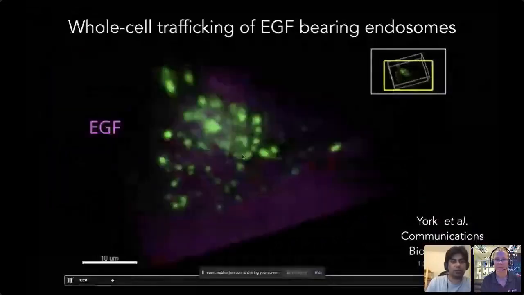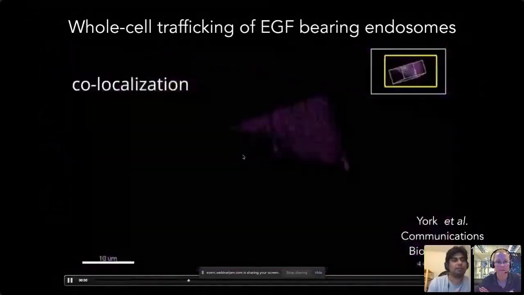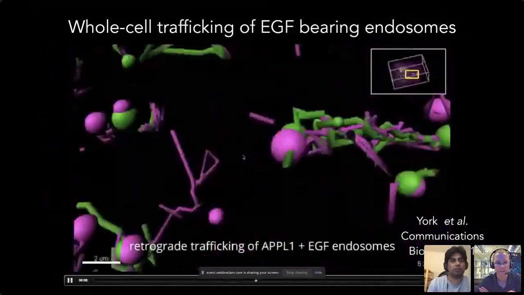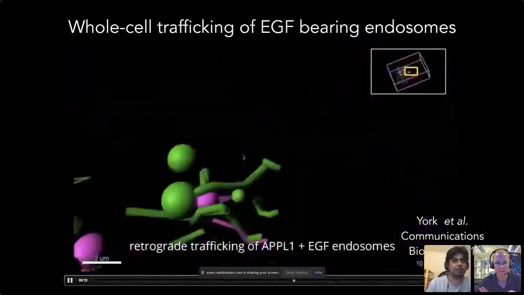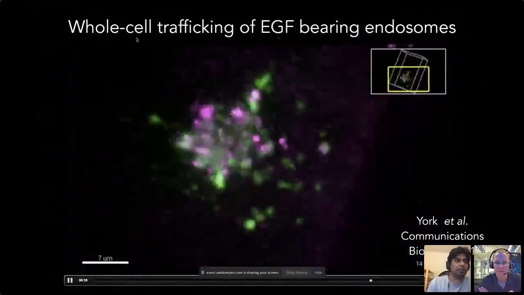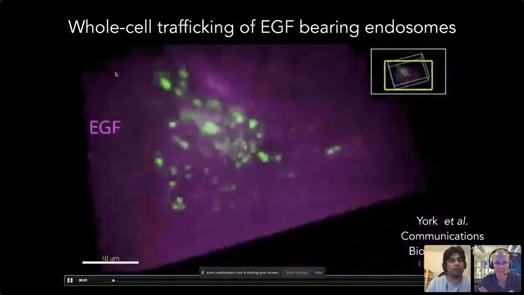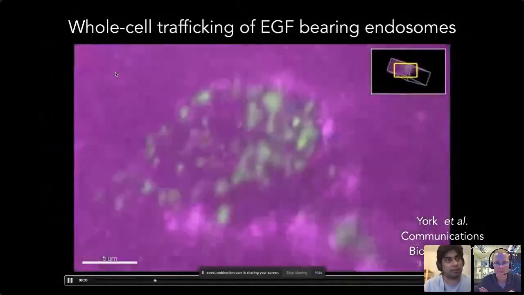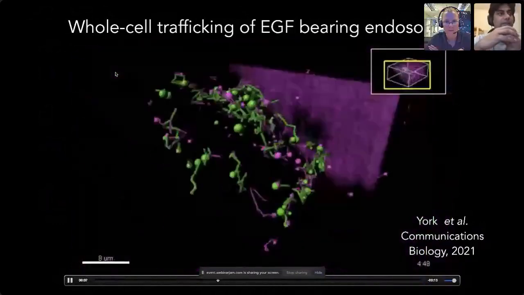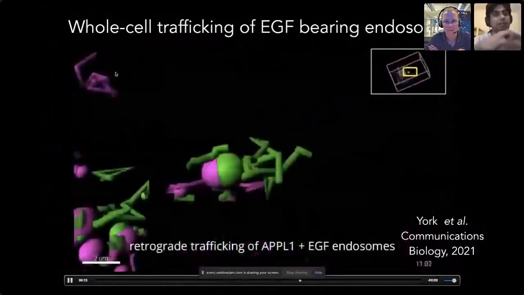All right. So we've not tested a whole lot of cargo, but we have tested EGF, which is a cargo that goes through the endosomal cycle and ends up in the lysosome. And so this is a paper that we published this year, where we show that when we add EGF to the cells, it triggers calcium waves that results in APPL1 being recruited to all the EGF pits, and results in cohort trafficking of all the EGF towards the periphery of the cell.